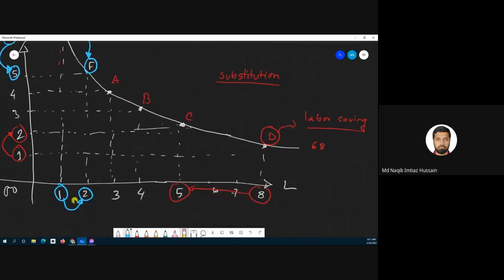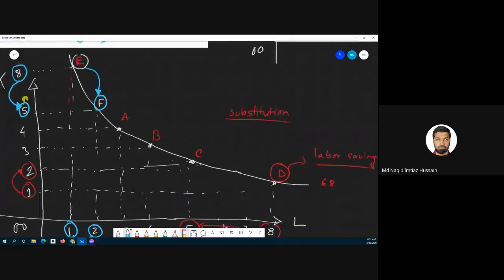You are increasing only one labor, and you are able to save 3 capitals. So if you do this substitution, you can save capital at this point. So this point of operation is known as capital saving.